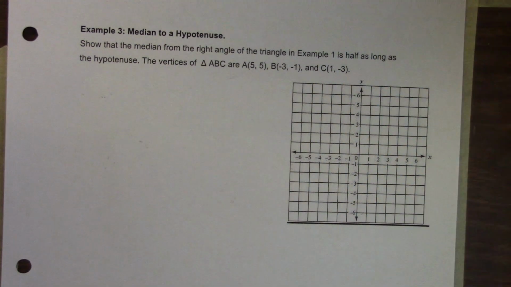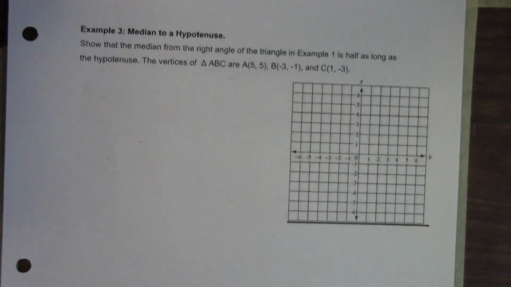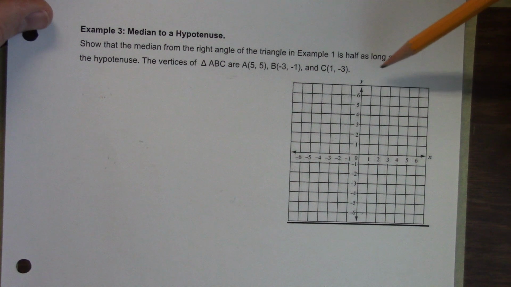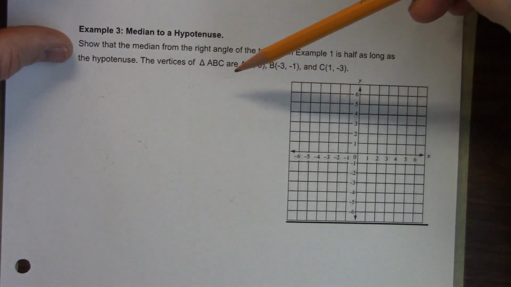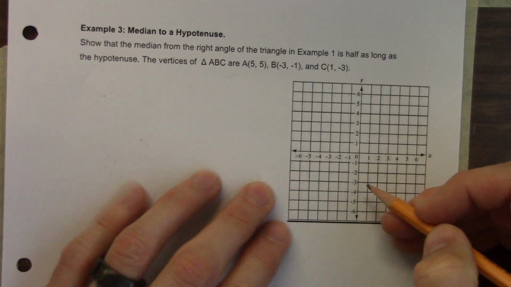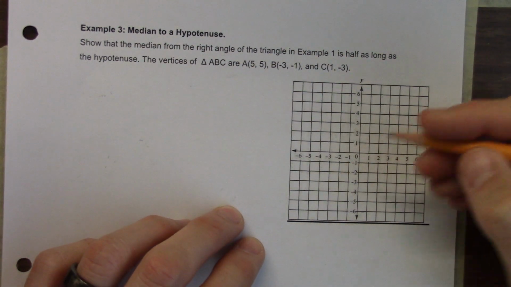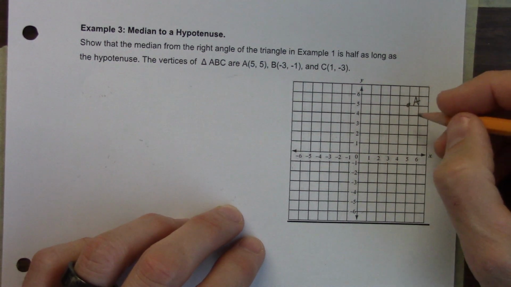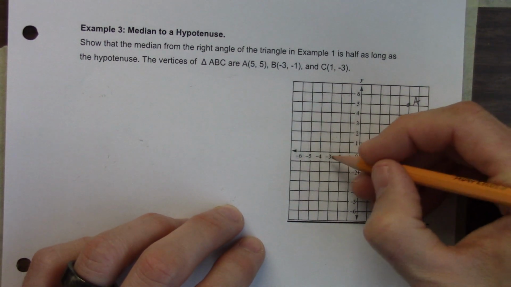All right, last example. Median to a hypotenuse. It says, show that the median from the right angle of the triangle in example 1 is half as long as the hypotenuse. Oh, we got to start all the way back with our same triangle. So A is 5, 5. B is -3, -1.